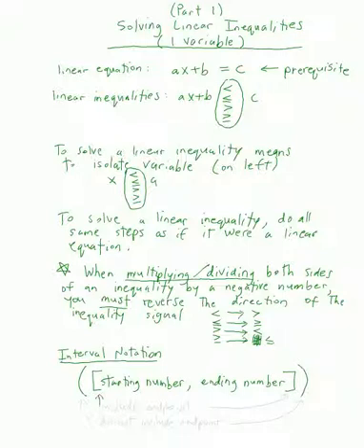A bracket means that you include the endpoint, and a parenthesis means you do not include the endpoint. Same thing on the other side. Bracket means you include the endpoint. Parenthesis means you do not include the endpoint.